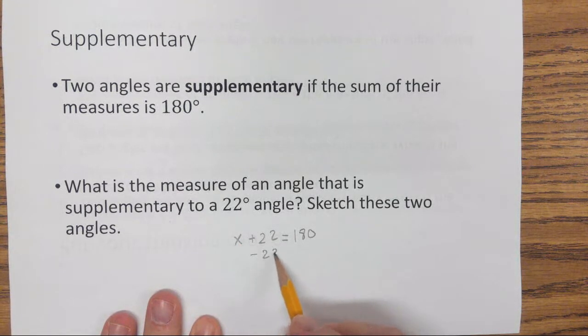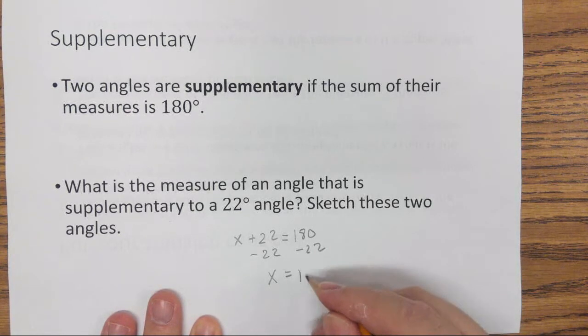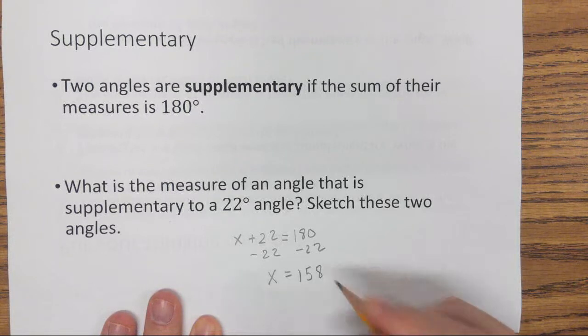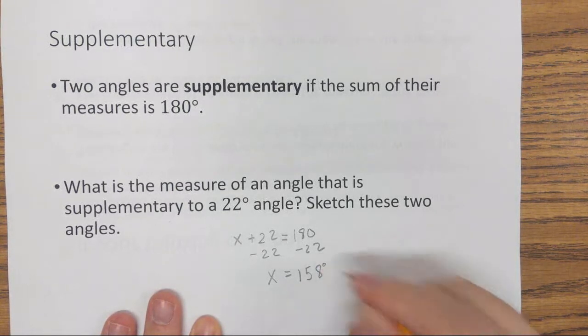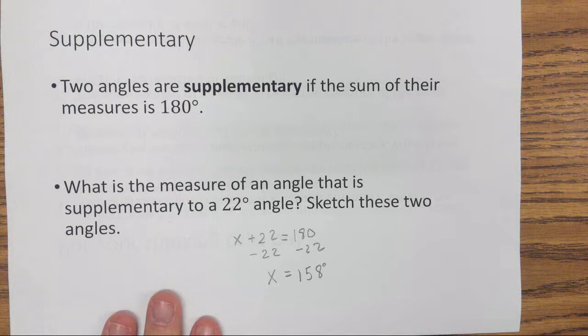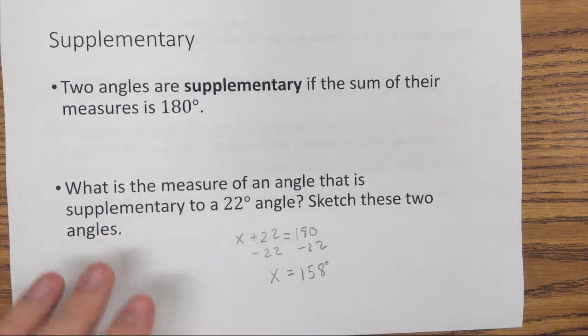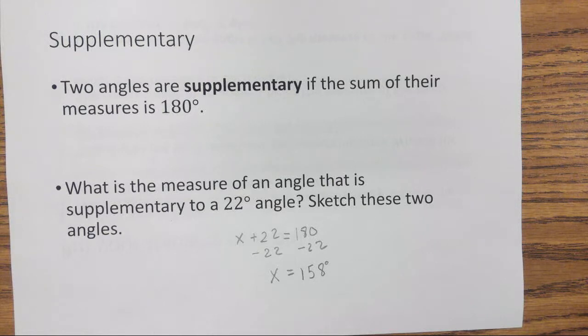So I subtract 22, and I get the measure of the angle to be 158 degrees. It says sketch these two angles. I'm not going to do that. If you want to do that on your own, grab a protractor, knock yourself out.